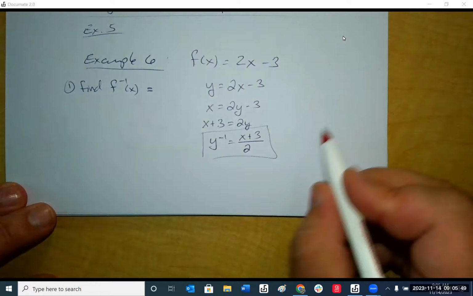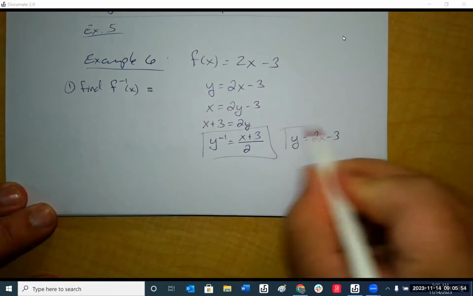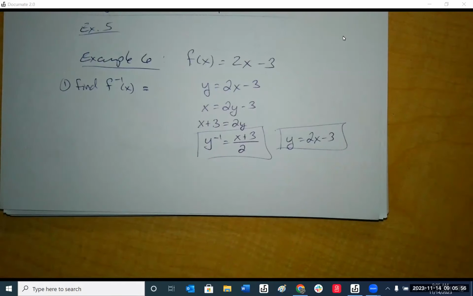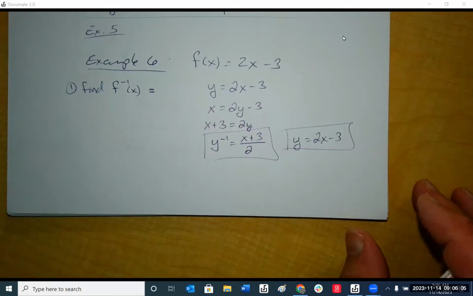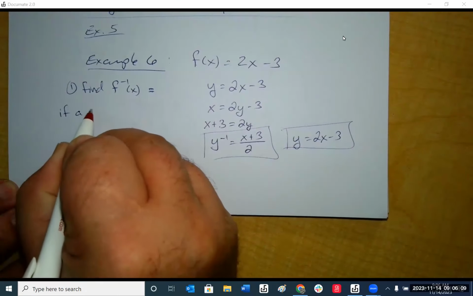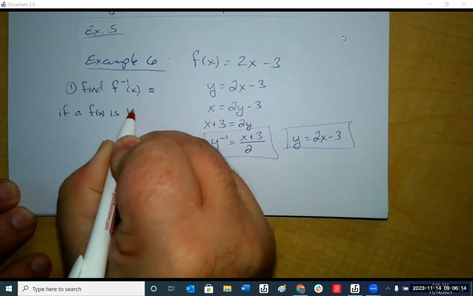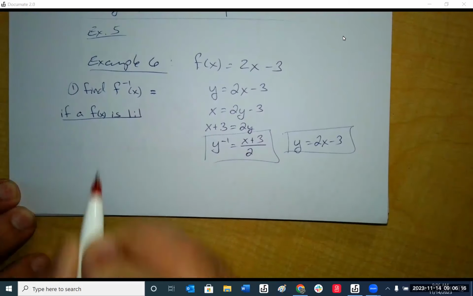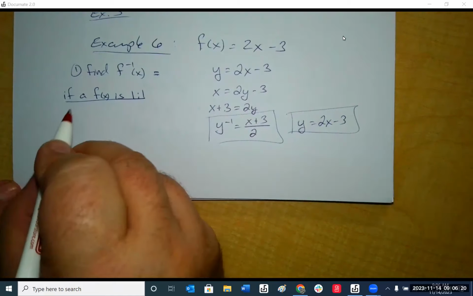So we have our original function, we have our inverse. Without graphing them, we can tell if they're 1-to-1. Remember, that's the reason we learned section 2.3, the composite functions. If a function is 1-to-1, then this will always be true.